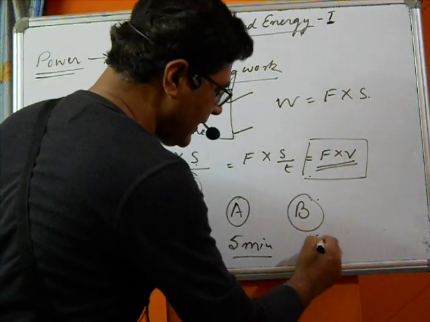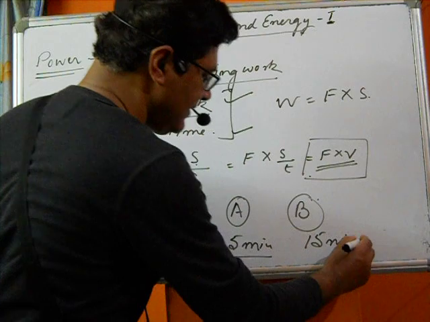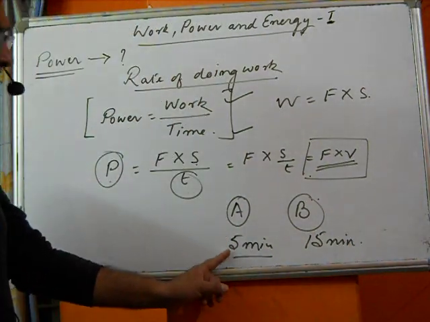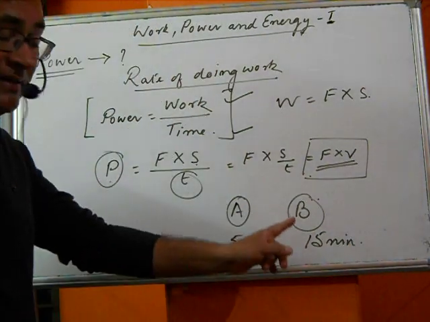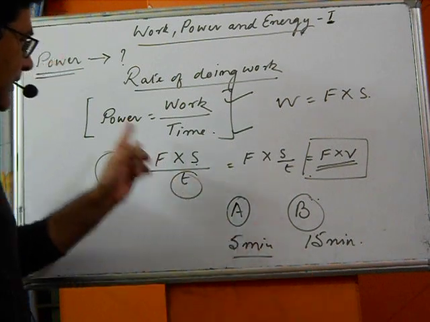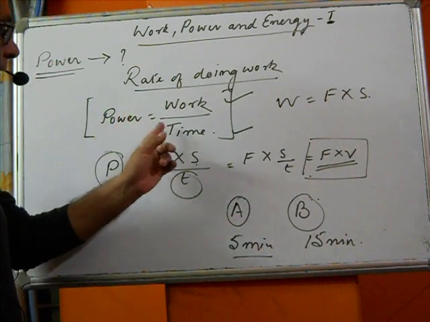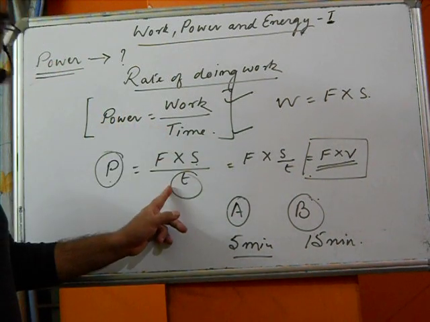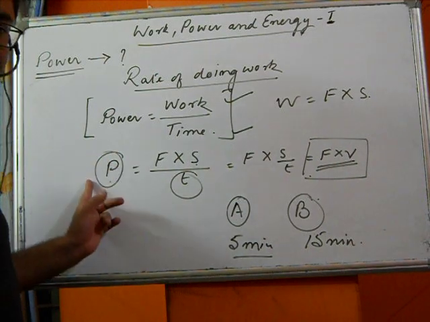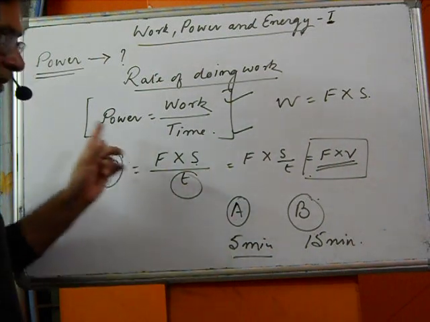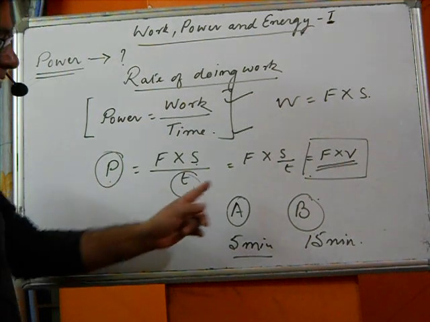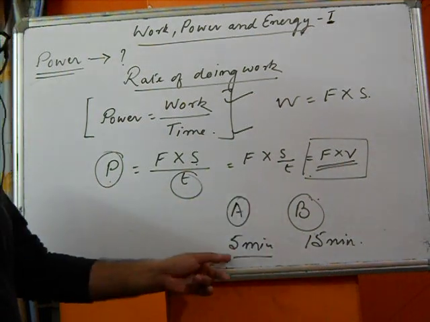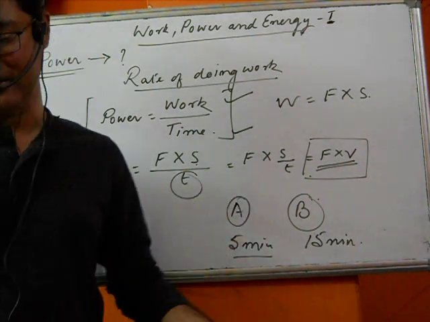Person B requires 15 minutes. That means person A requires less time, person B requires more time. More is the time, less is the power. Less is the time, more is the power. So obviously the efficiency of person A is much more, because he is taking less time to do it.